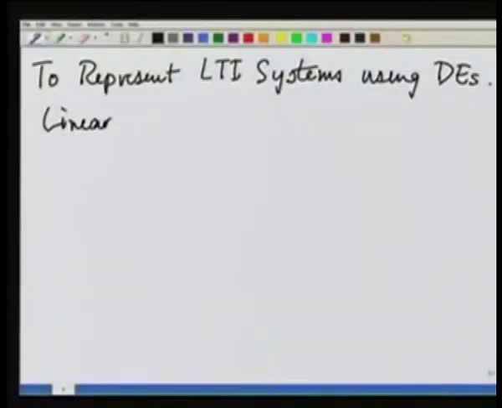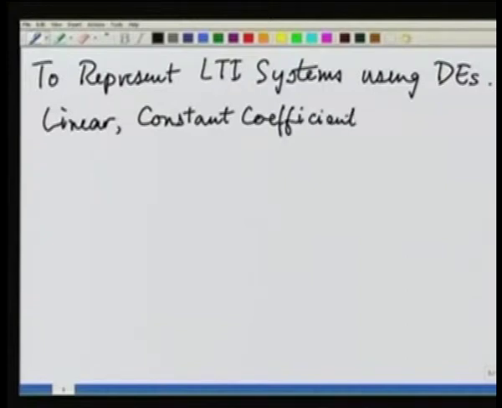This narrow class of differential equations which can be used to represent LTI systems are linear, constant coefficient, ordinary differential equations.